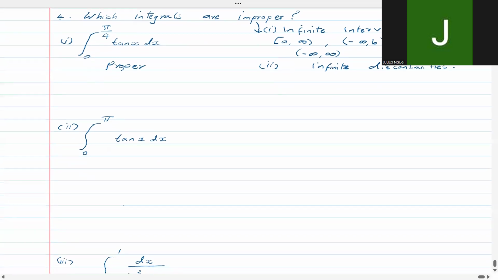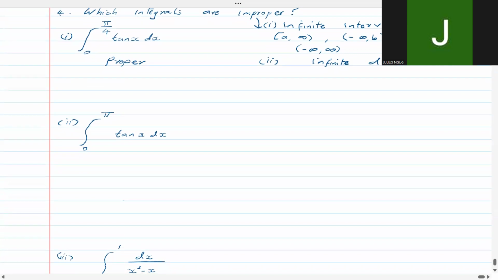But for the same function tan of x, when we draw the function of tan, we find that at x equals pi over 2, we have what we call a vertical asymptote. So that means that at x equals pi over 2, this function will break, and that means that it has an infinite discontinuity at pi over 2. So meaning that this one is an improper integral.